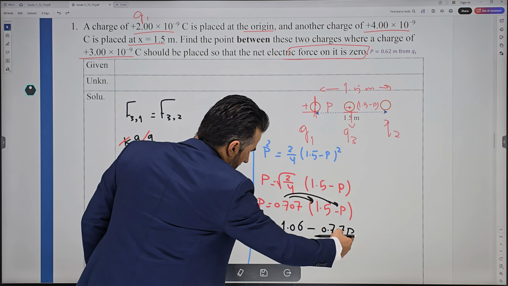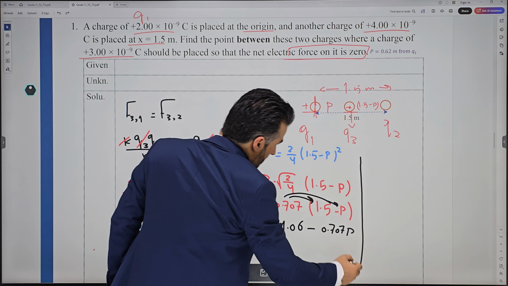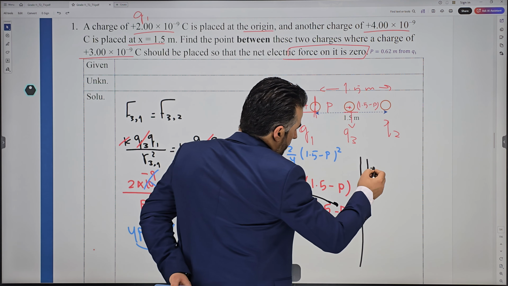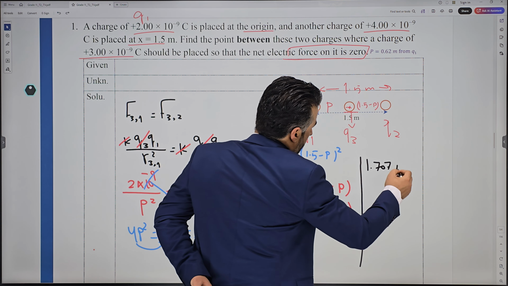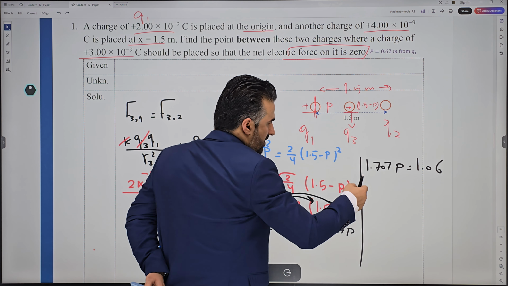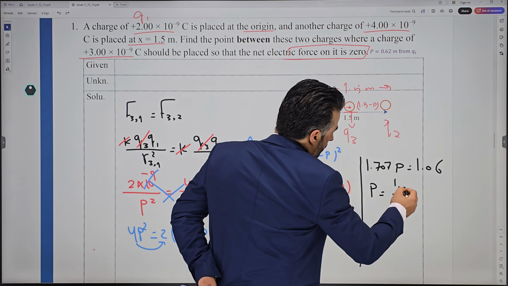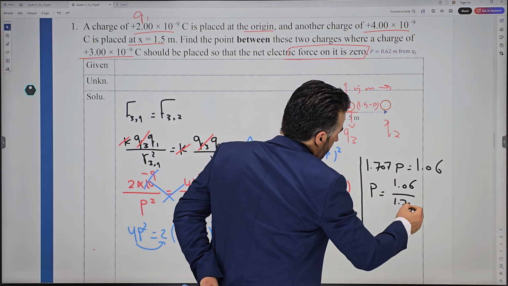So that P can move to the other side: P plus 0.707P gives 1.707P, which equals 1.06. Divide both sides by 1.707, so P equals 1.06 divided by 1.707.